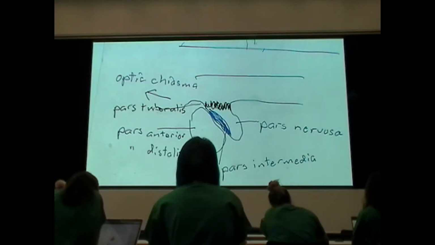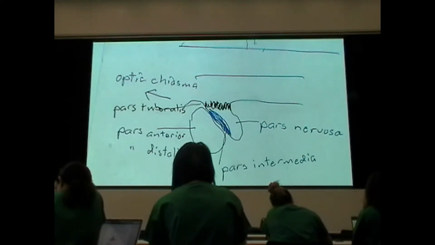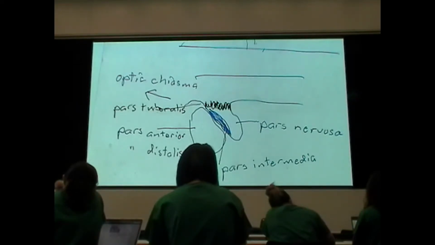And it is possible then to distinguish 2 classes of epithelial cells in the pars anterior. These are called chromophils versus chromophobes. Chromophils are cells that are stainable, just with H&E, and chromophobes are cells that don't stain very well. So in the light microscope, they look almost blank except for their nuclei.